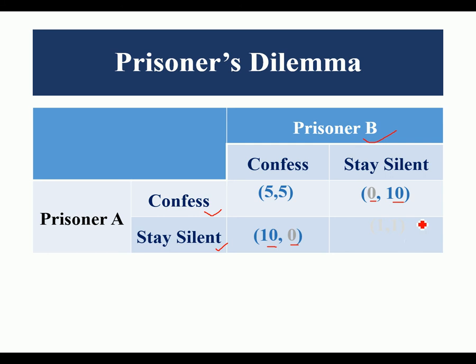That is, if B confesses and A remains silent, then A will get imprisonment of 10 years, which is very risky, and B is freed, which is a boon for B, and similarly for A. And if A confesses and B remains silent, then B will go to prison for 10 years and A will be freed, which is a boon for A but a curse for B. So eventually they will confess.